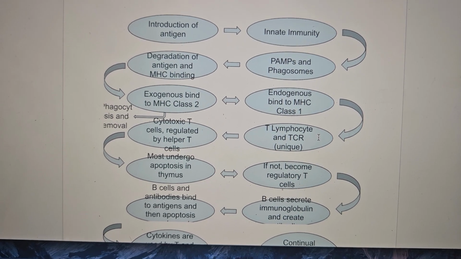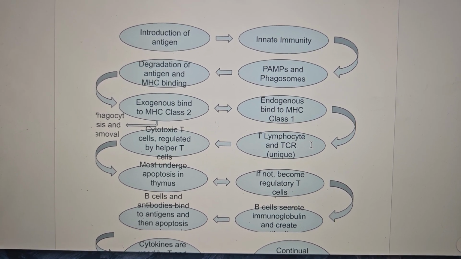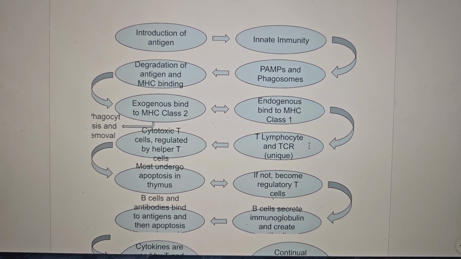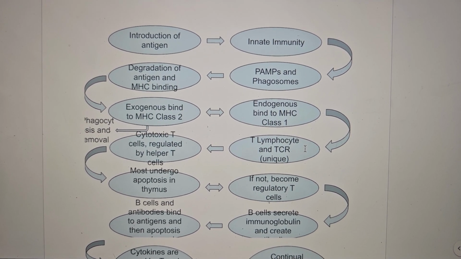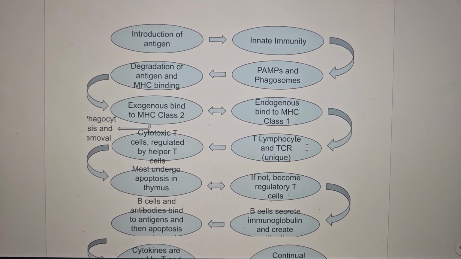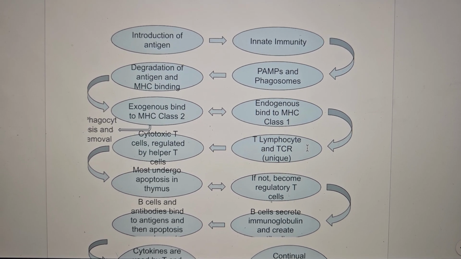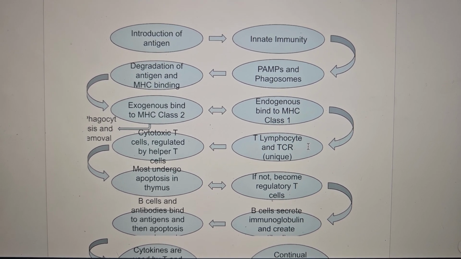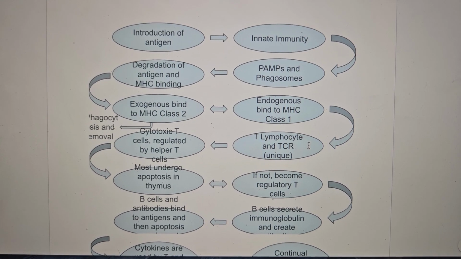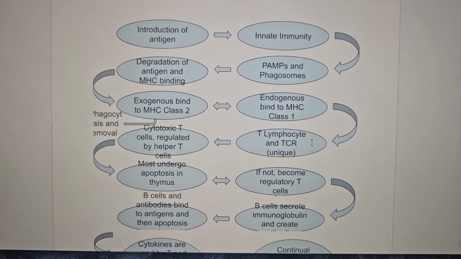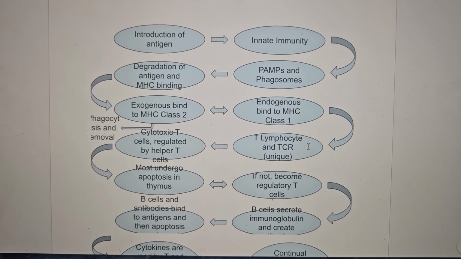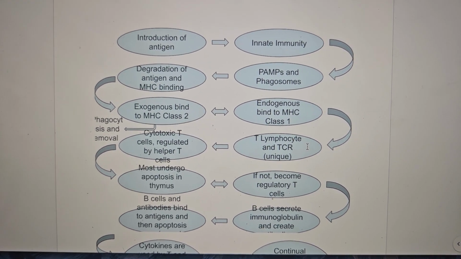And then after that, there is the degradation of the antigen, and then MHC binds to it, and there are two processes for that. There's actually three, but one of them is more included through T and B cell uses, which we'll talk about in just a minute.